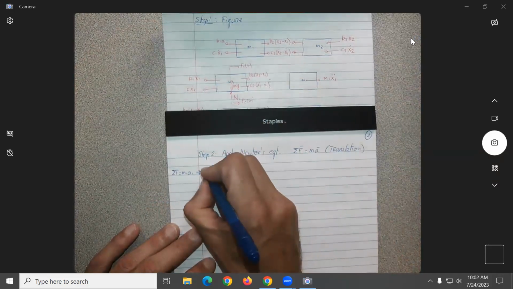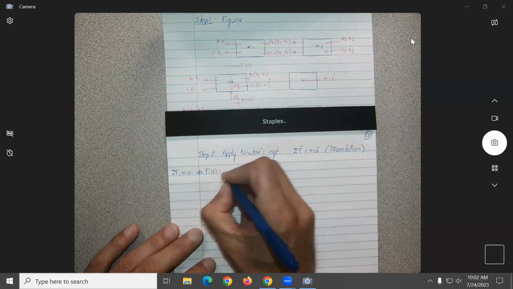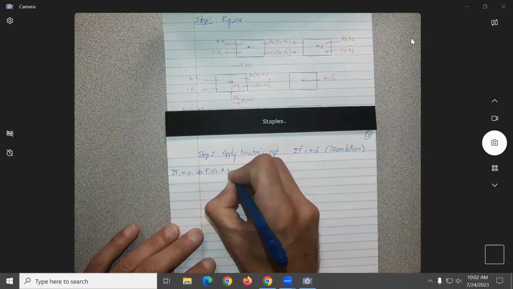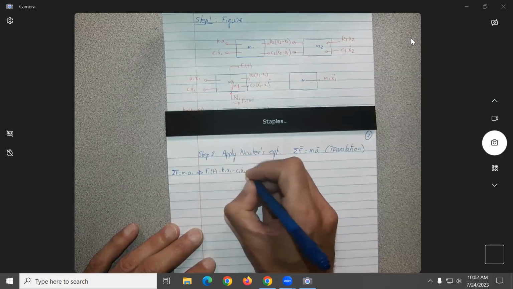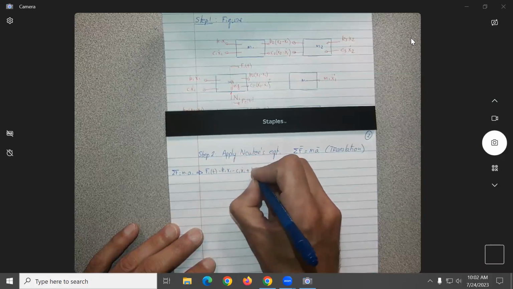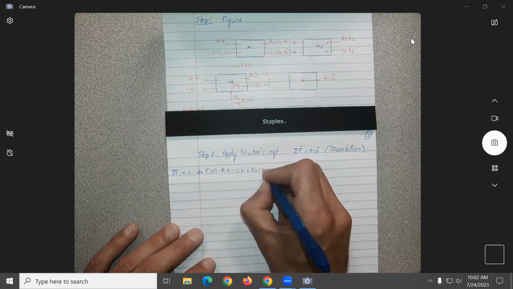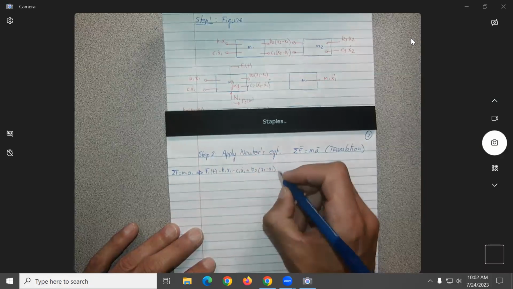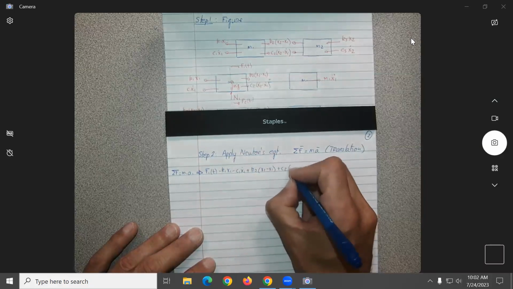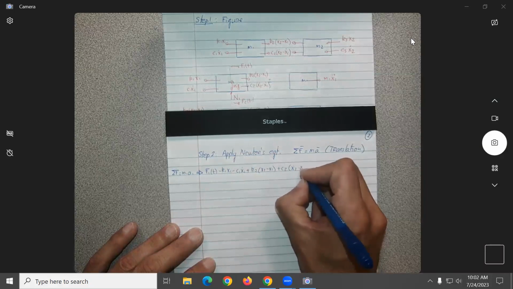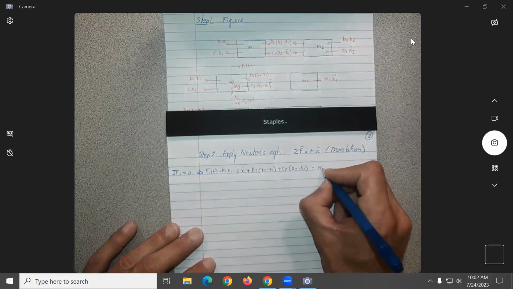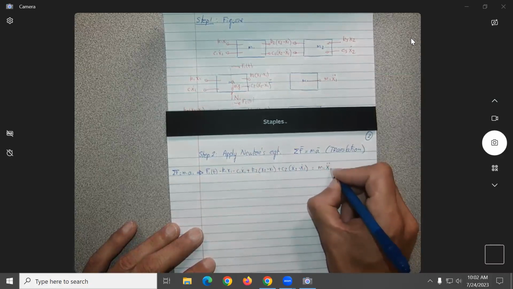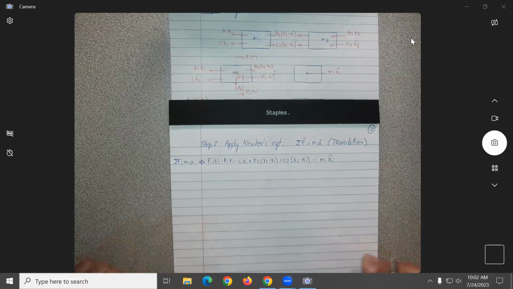So it will be F1 of T minus K1 X1 minus C1 X dot 1 plus K2 (X2 minus X1) plus C2 (X dot 2 minus X dot 1). And this should be equal to M1 X double dot 1.